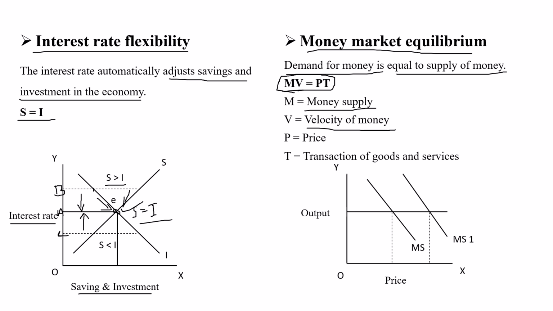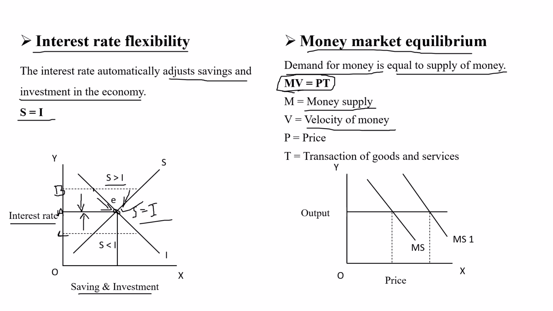For example, I have 10 rupees, I want to buy a 10 rupees biscuit bundle, and I give the 10 rupees to the shopkeeper. The shopkeeper will circulate that 10 rupees to another person. How many times this particular unit of money circulates from one person to another is the velocity of money.